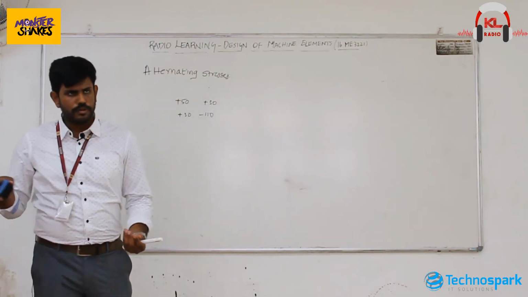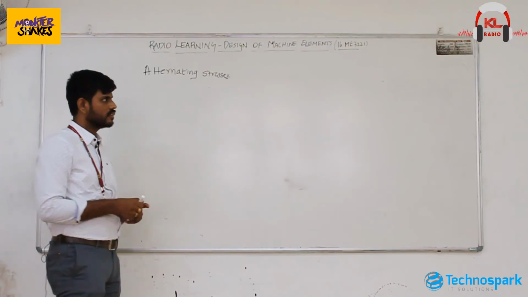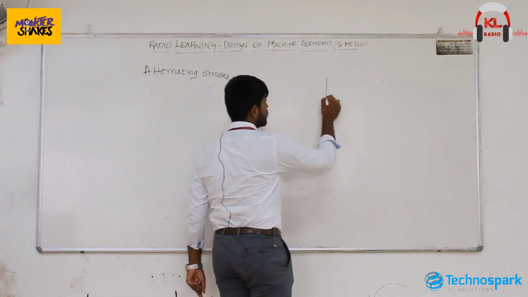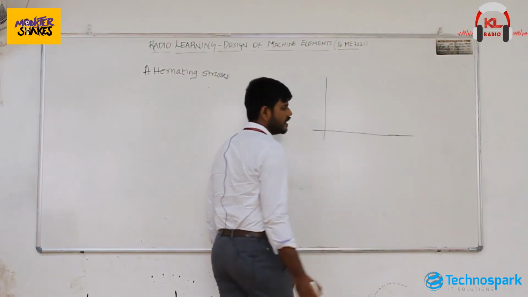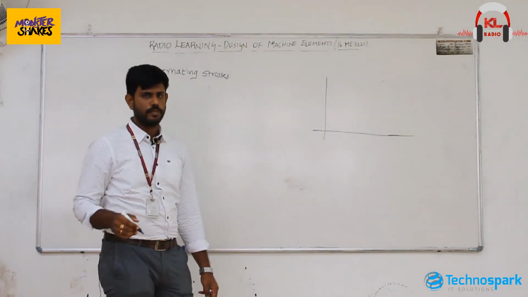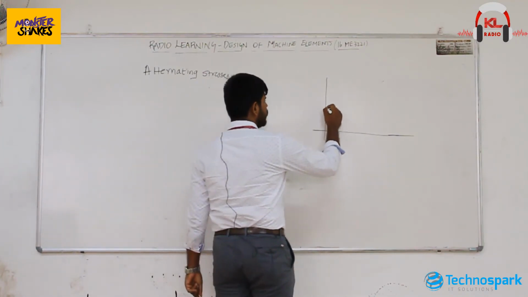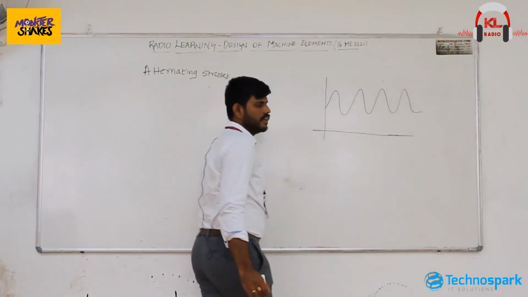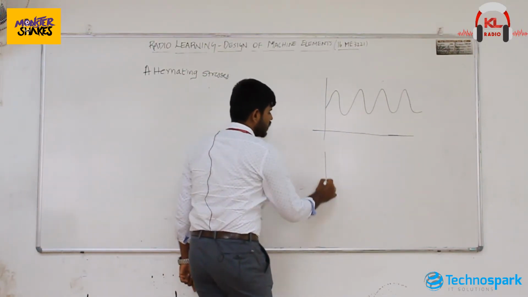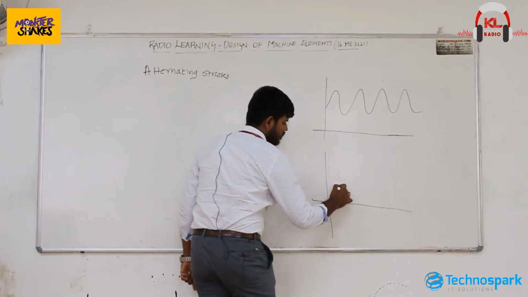If you draw a diagram for these alternating stresses, considering that both are in the same plane, that is the first quadrant, I can get a curve like this. If it's a completely reversed stress, it looks like this.